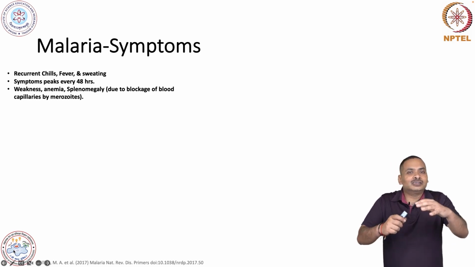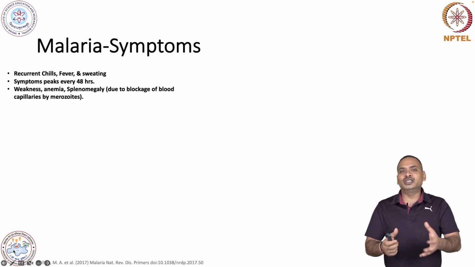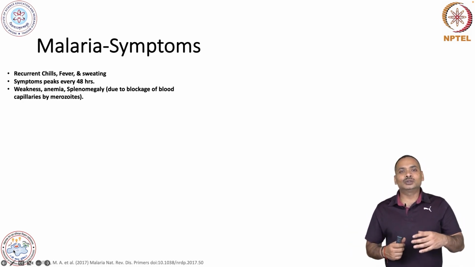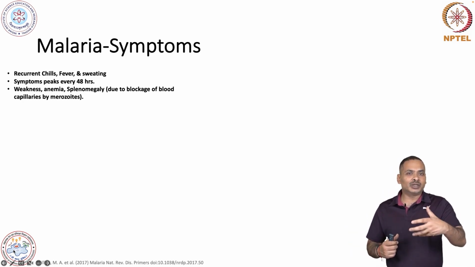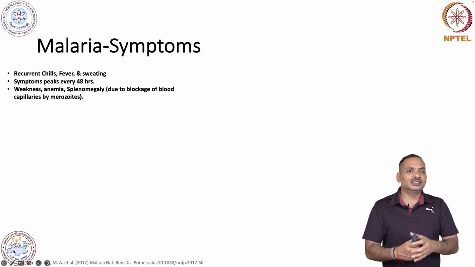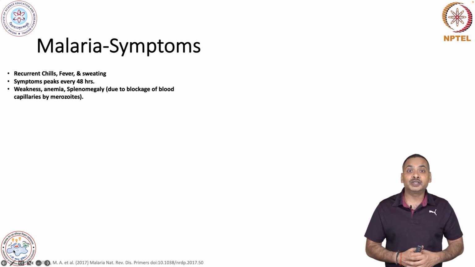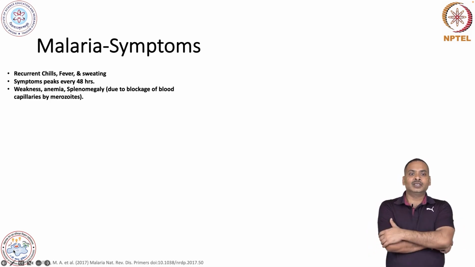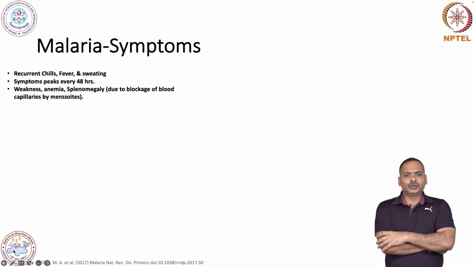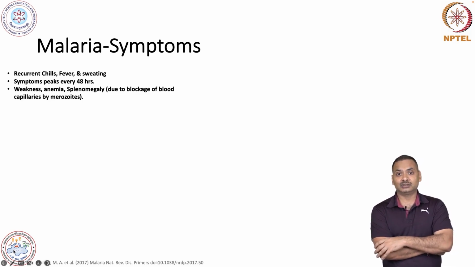Since this blood is loaded with antigen, the spleen is not able to handle it. So, that is why there is an increase in the size of the spleen, and that results in splenomegaly. Okay. And it is also due to the blockage of blood capillaries by merozoites.